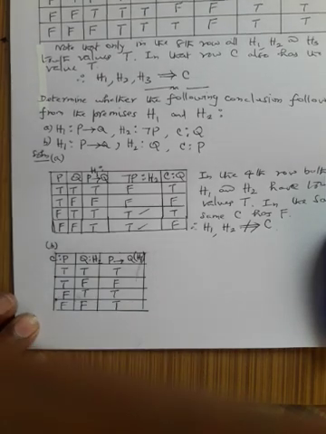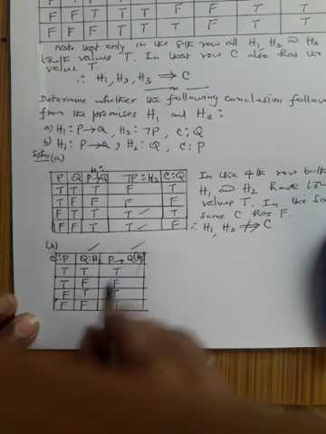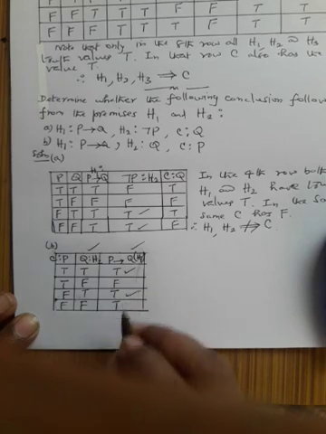Now we can see H1 and H2. They have the same truth value in the first row and third row.